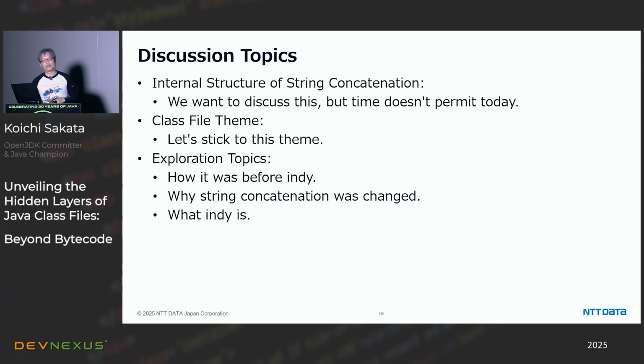We want to discuss the internal structure of string concatenation processes, but time doesn't permit today. So let's stick to the class file theme. We will explore how it was before indy, why string concatenation was changed, and what indy is.